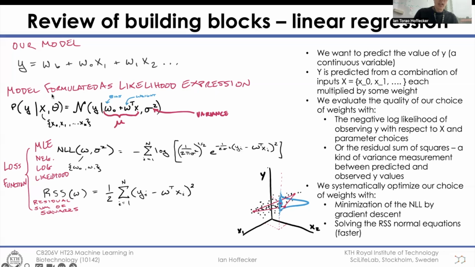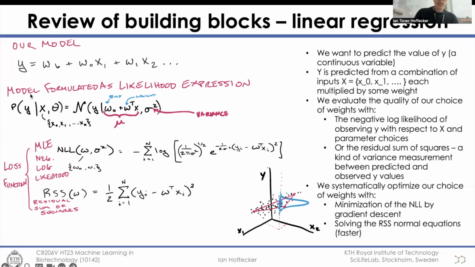And in our likelihood expression, we're representing the probability of observing y given some set of parameters and an input x, or a set of x. It's a multivariable case.